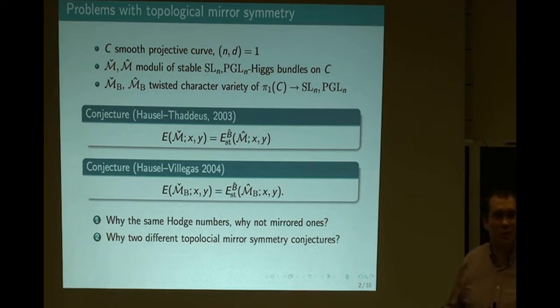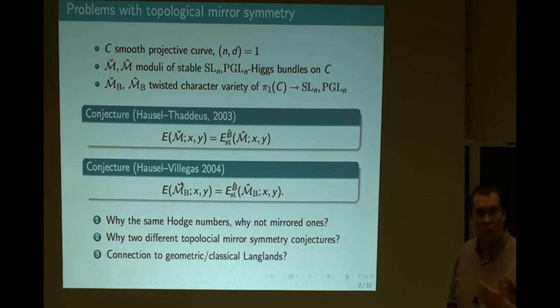Which one really is the one which reflects the mirror symmetry which we would like to understand? So that was also an embarrassing question, which I could have been asked after lectures on this. And the last one is maybe just to explain the relevance of these conjectures to the geometric and the classical Langlands program was also a mystery.